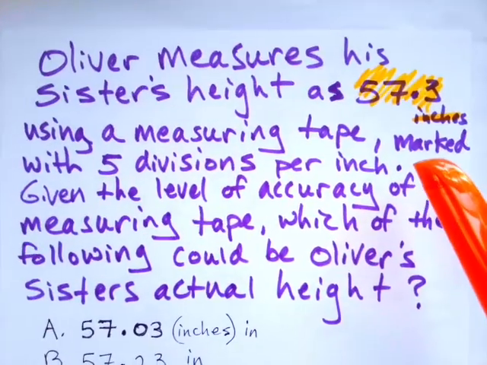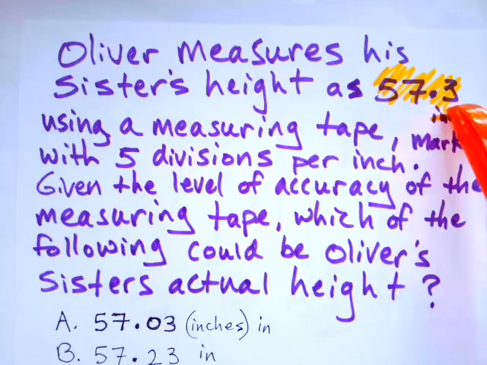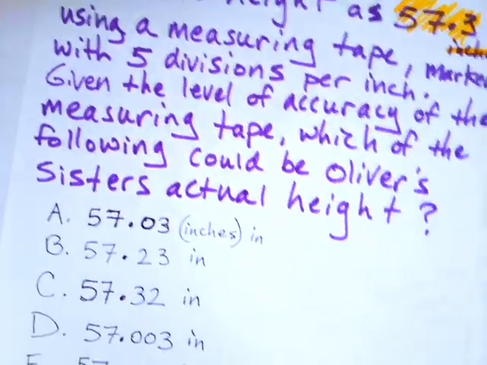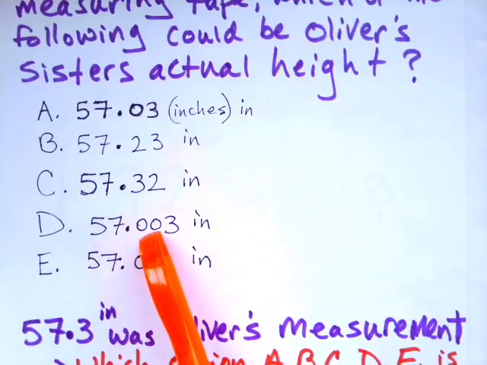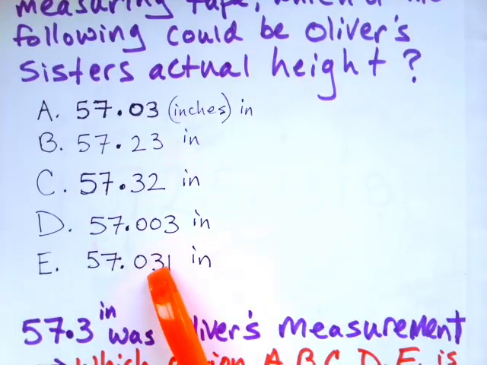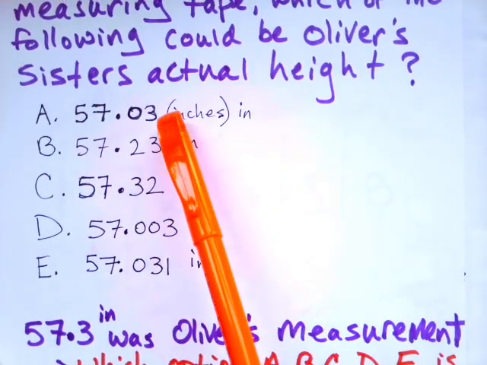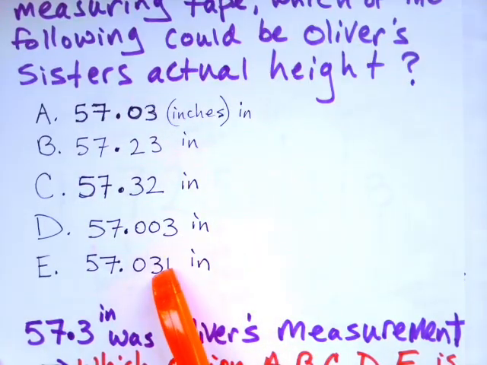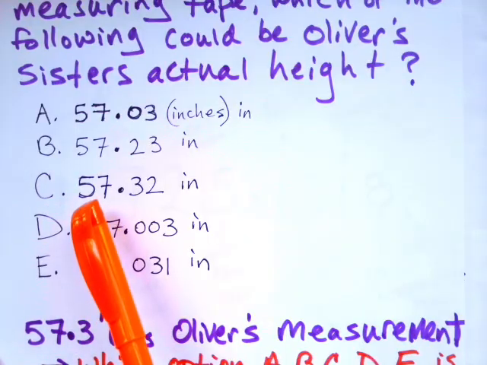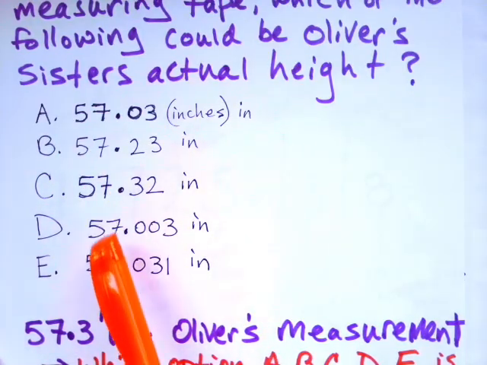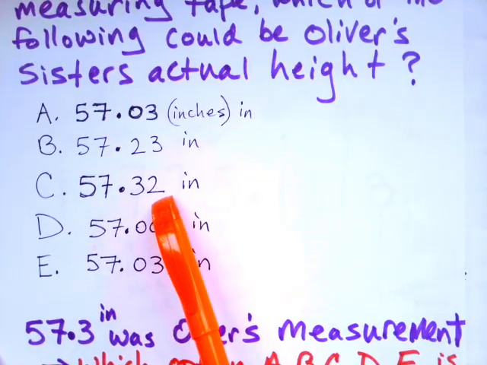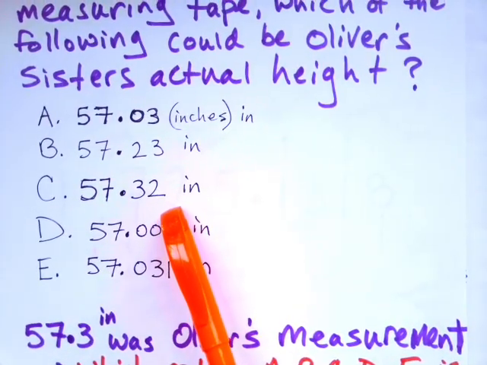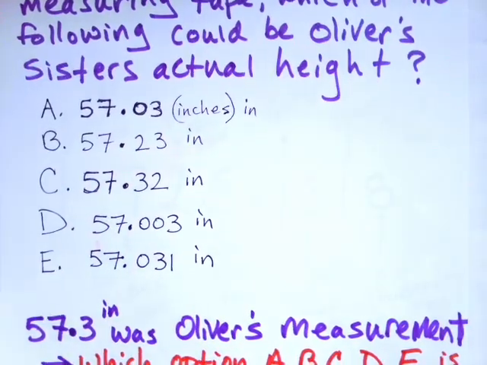And if we look up here, we have 57.3. Continuing in D, 57.003, and E, 57.031. So which option, A, B, C, D, or E, is closest to 57.3? 57.32 is the closest to 57.3.